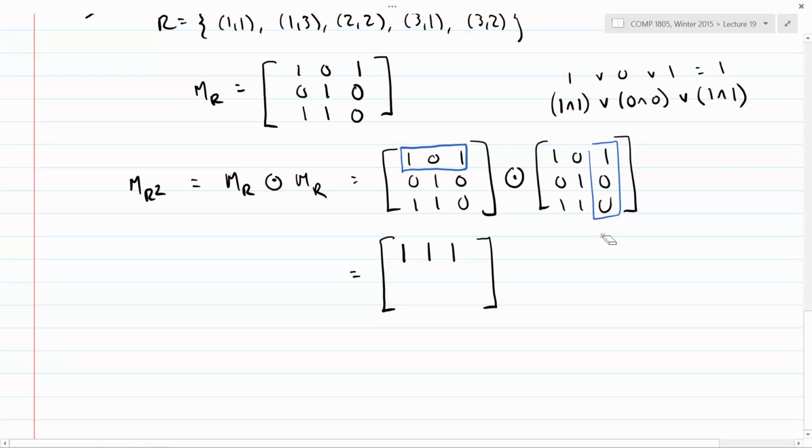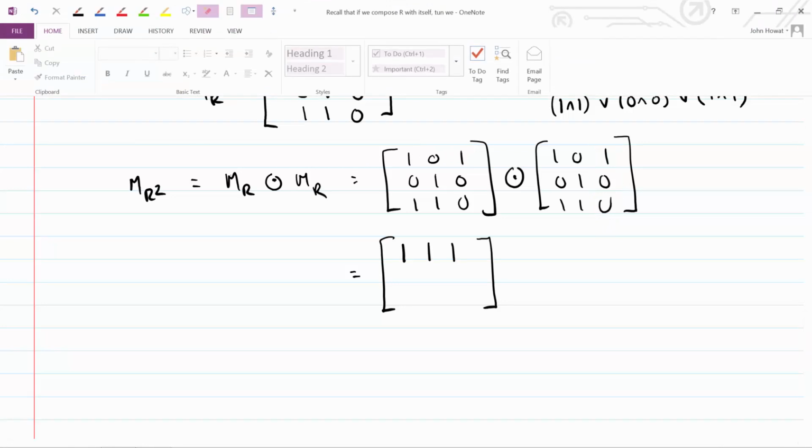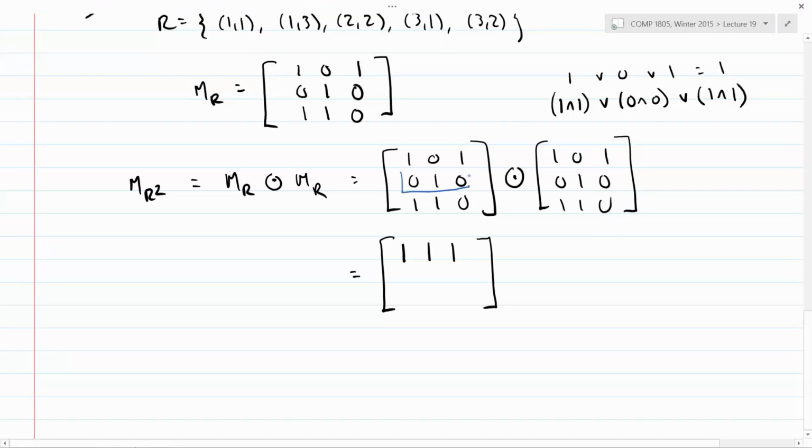All right, so now I move down to my second row. And I start with my first column. So that's 0 times 1, which is 0, plus 1 times 0, which is 0, plus 0 times 1, which is 0. So in this case, I get all zeros. So when I add 3 zeros together, I of course get a 0.